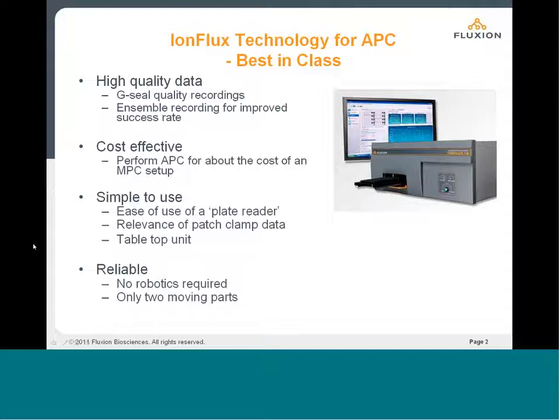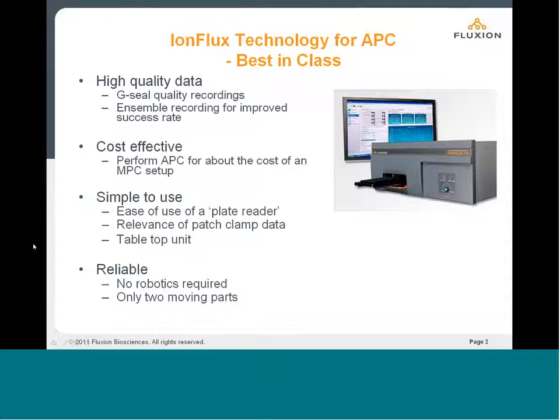We produce very high quality data in the single cell configuration. We have gigaseal recordings. Due to the flexibility, we also have an ensemble recording condition, which allows for higher success rates. Because we have a microfluidic design, the system is cost effective and allows for a number of parallel recordings at the same time.